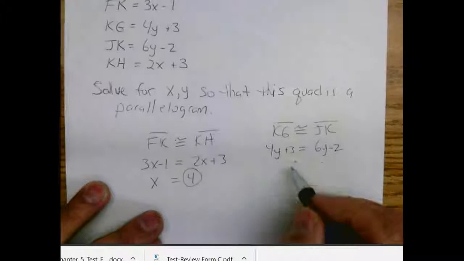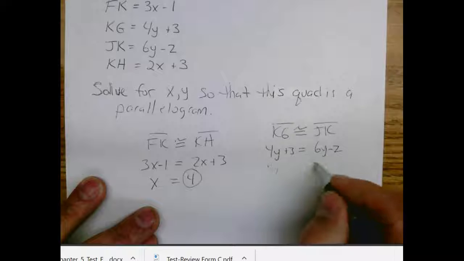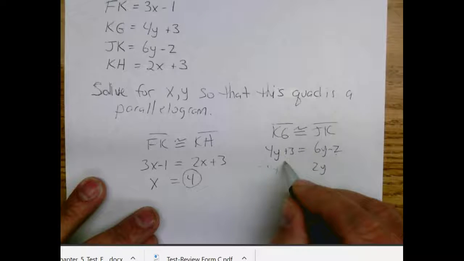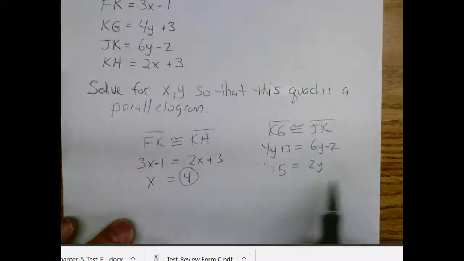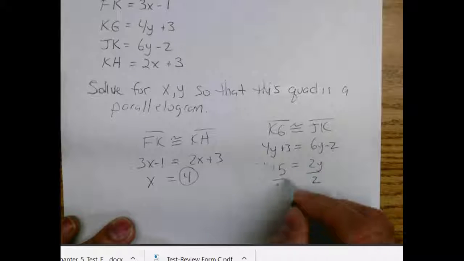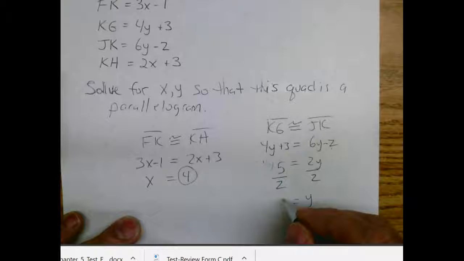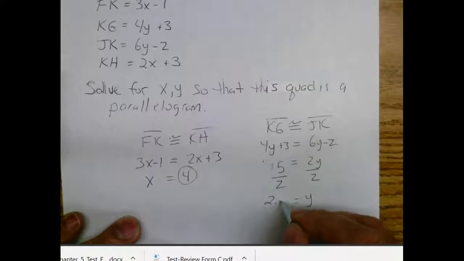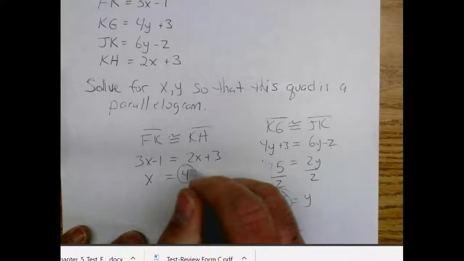Let's subtract 4y from both sides, so we'll get 2y. We'll add 2 to this side, it's 5. Make sure we got that right. Minus 4y, we're going to add 2, it's 5. And then we're going to divide by 2. So y is going to be 2.5, or 5 over 2. So that's our answers, 2.5 and 4.